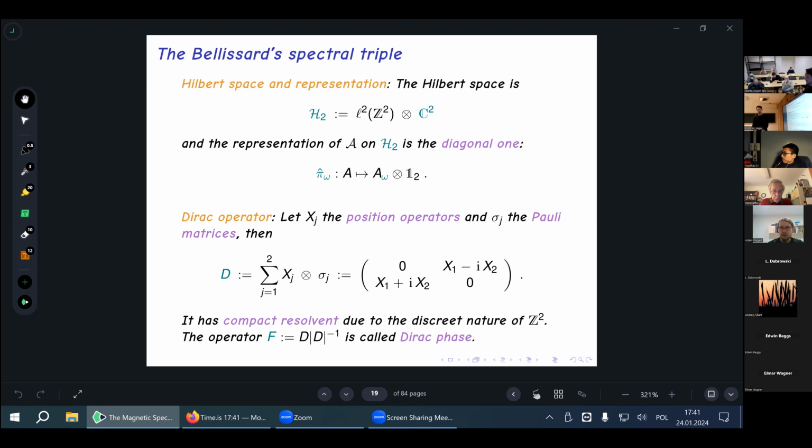So it is something done in the dual picture, since usually Dirac is defined in terms of differentiation. But you can define the Dirac operator in terms of differentiation also in the continuous case, and by a Fourier transform you can replace differentiation with multiplication by position.